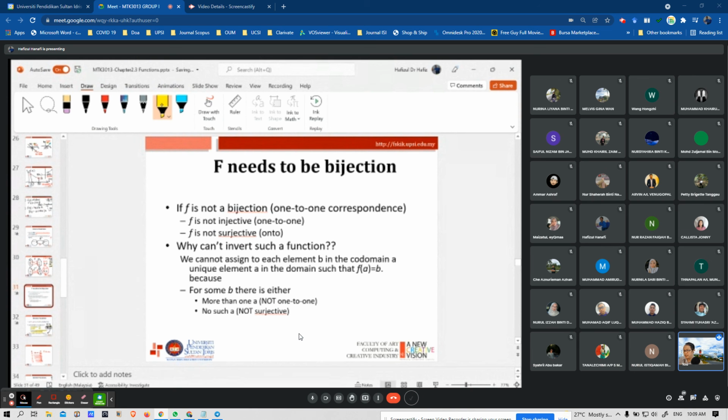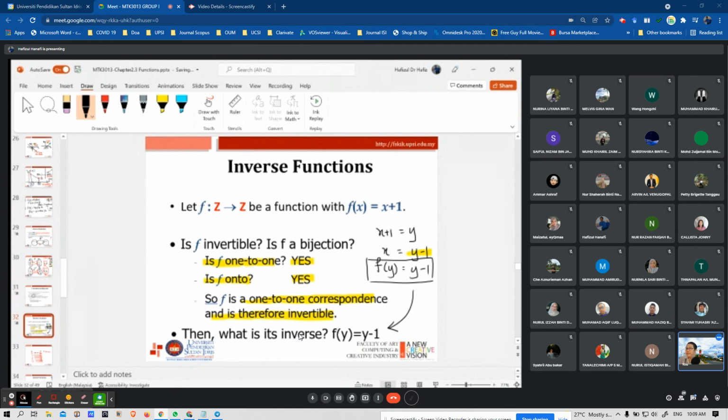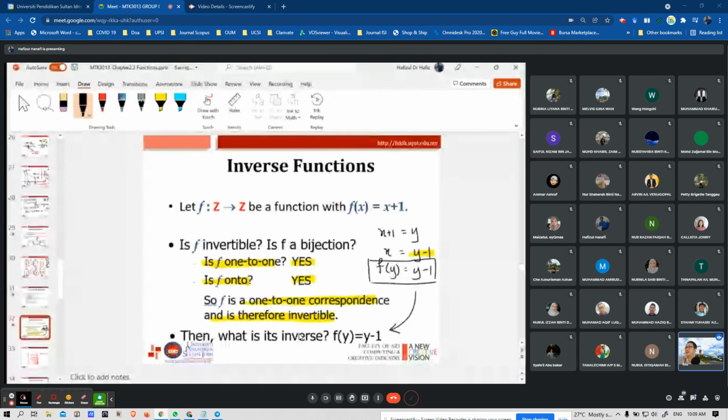Okay, and then after that, then we can do the inverse function. Okay, for the inverse function, let f: Z to Z, integers map into integers, be the function f(x) equal to x plus 1. Is f invertible? Is f a bijection?